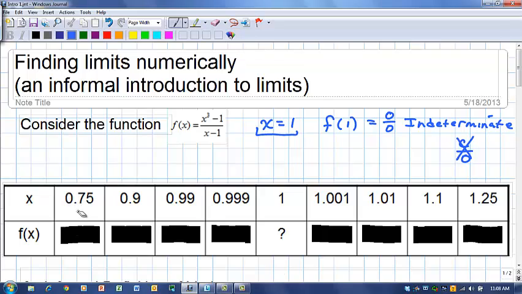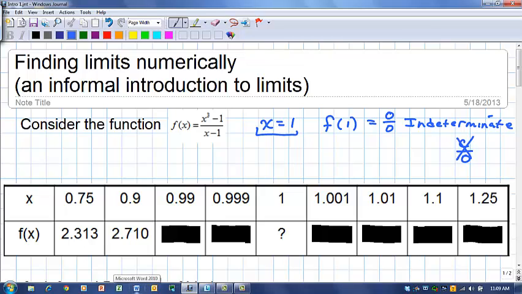So when x is equal to 0.75, the function value is 2.313. Then when x is equal to 0.9, the function value is 2.710. As we get a little bit closer and let x equal 0.99, the function value is 2.970.